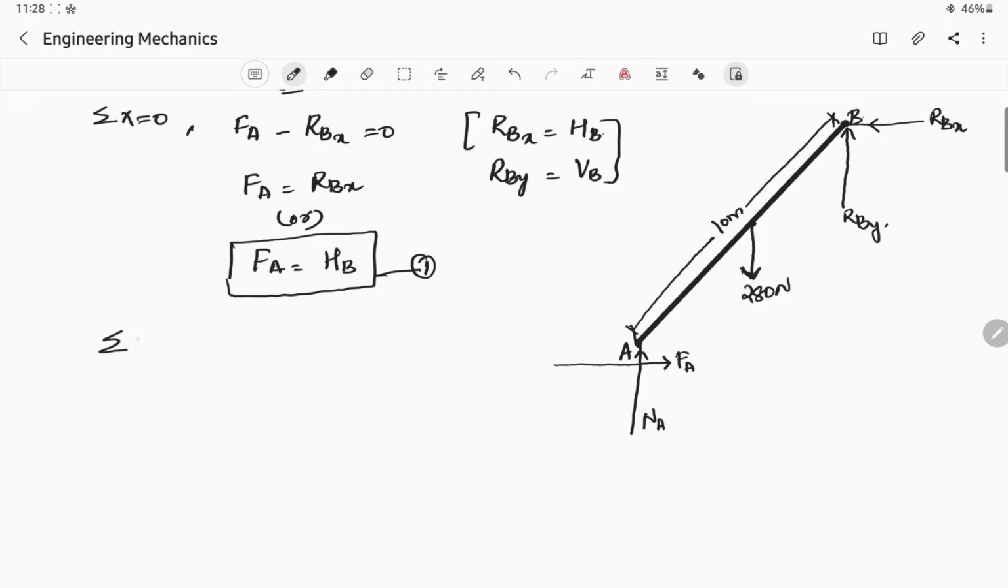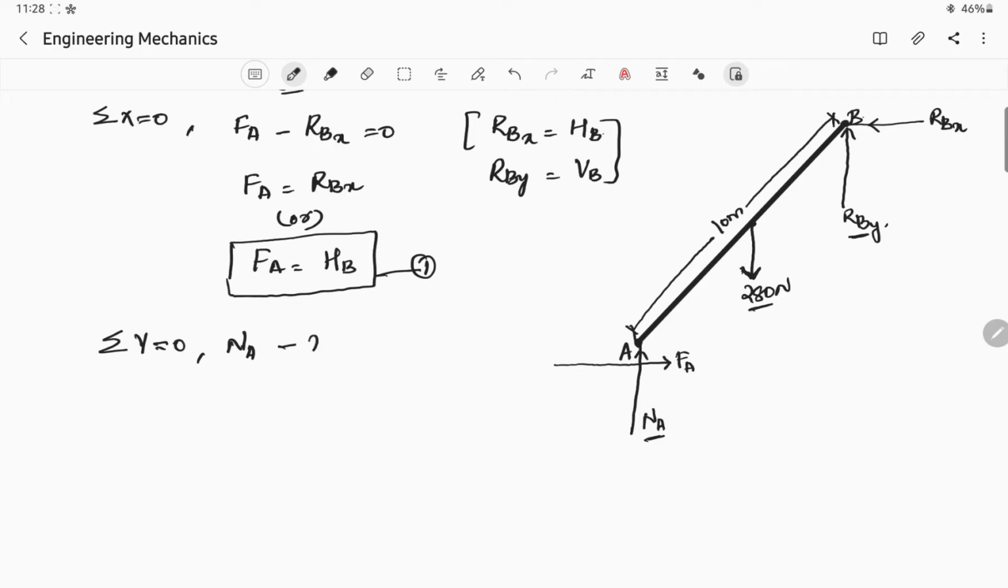Next equilibrium condition we have is sigma y is equal to 0. So how many vertical forces do we have here? We have Na, a vertical force, 280 Newton, a vertical force. Similarly, Rby is also a vertical force. Na is going in the upward direction, the positive y direction.